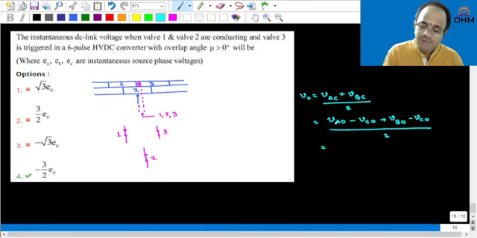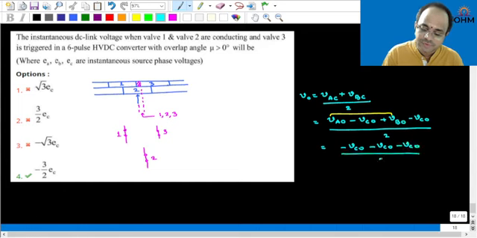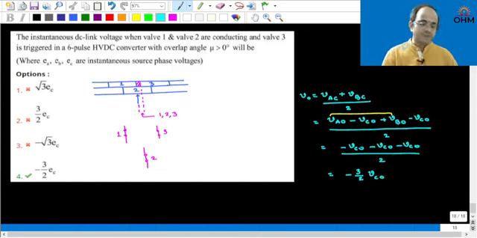Now here VAO plus VBO, if you combine these two terms, you can write it as minus VCO divided by 2. Therefore, it will give you minus 3 by 2 into VCO, where VCO is the phase voltage. In the data, it is given EC, and hence you can select option 4 is the correct answer.